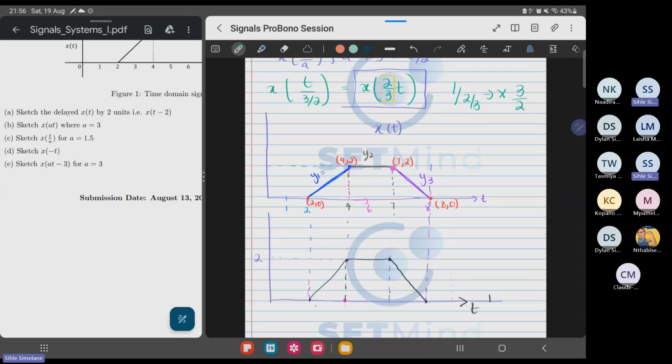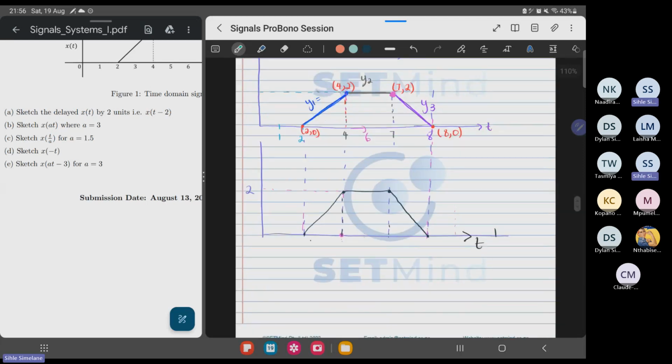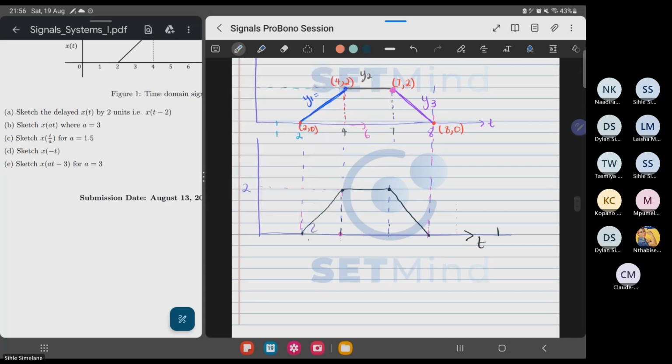So I'm just going to multiply by 3/2. Which means this point, the first point here, is supposed to be at a t value of 2 multiplied by 3/2. So my t value there is just supposed to be 3.